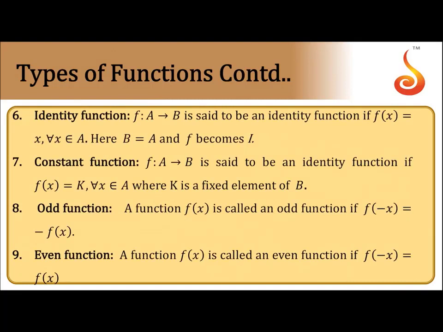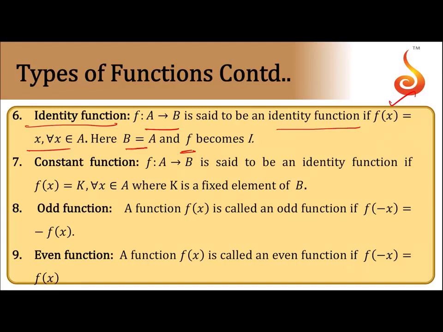Many-one mapping. Coming to different types of functions, the identity function. f from A to B is said to be an identity function if f(x) equals x for every x belonging to A. Then I say f is called an identity mapping.